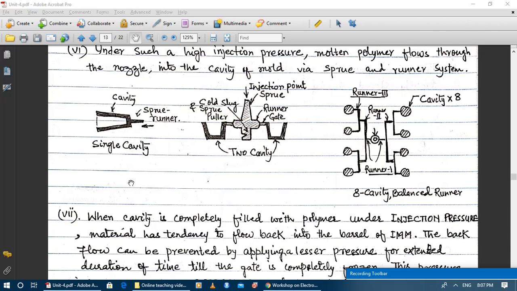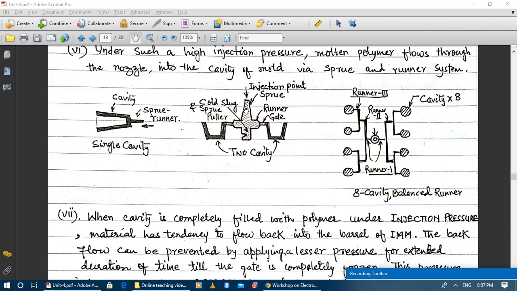We may have more than one cavity in single injection mold. For example, there is a two cavity. This is one cavity, this is another cavity. Let us assume that two balls are there, one and two cavities. So this is my sprue. Injection unit will connect here.